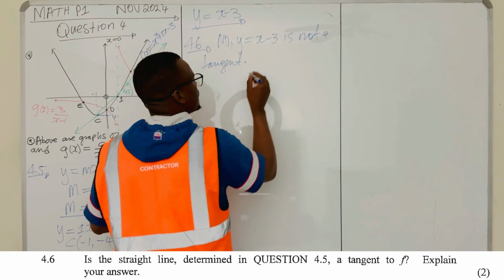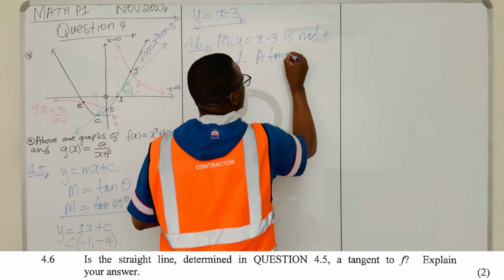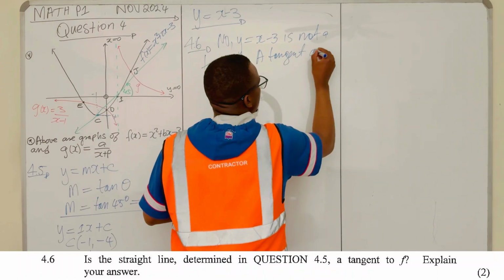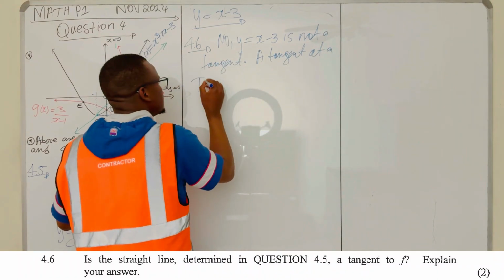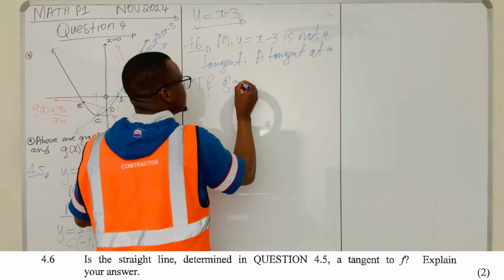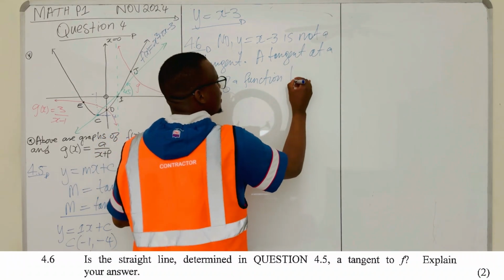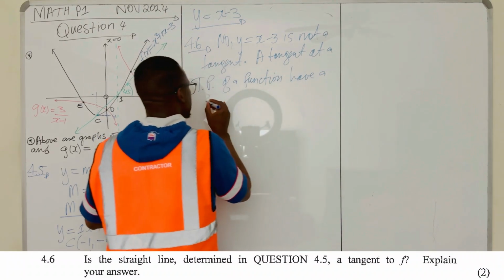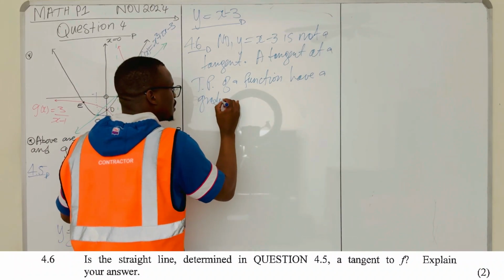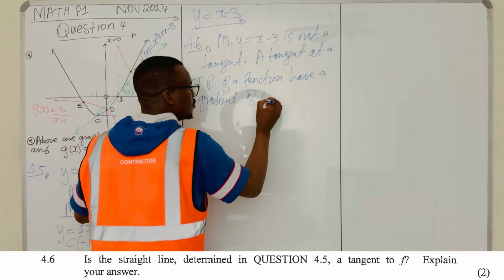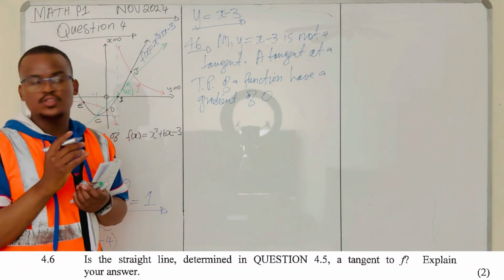A tangent at a turning point of a function should have a gradient of 0.